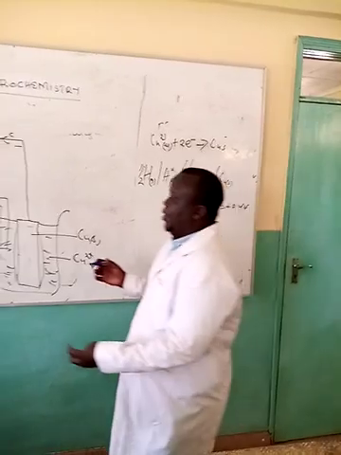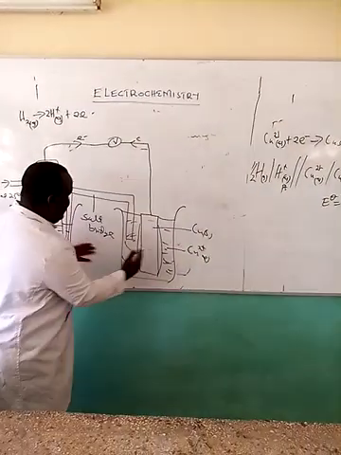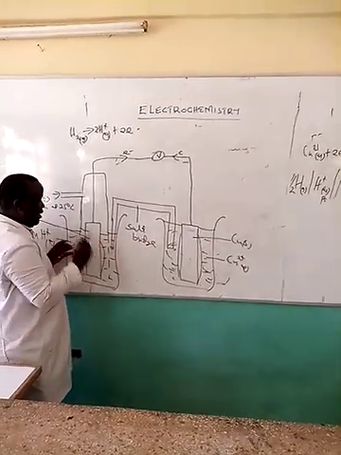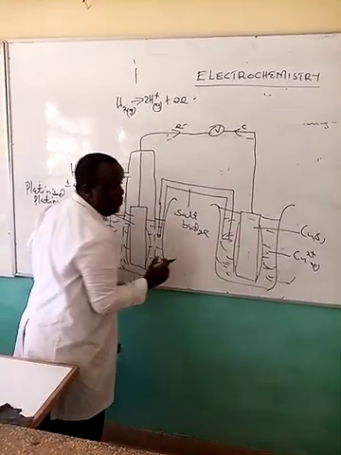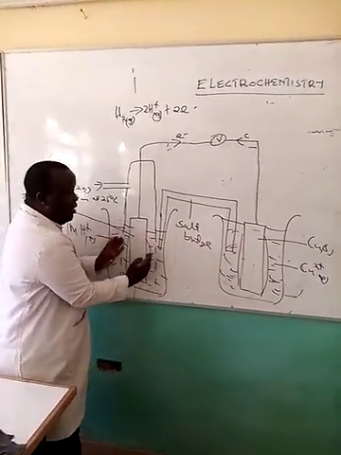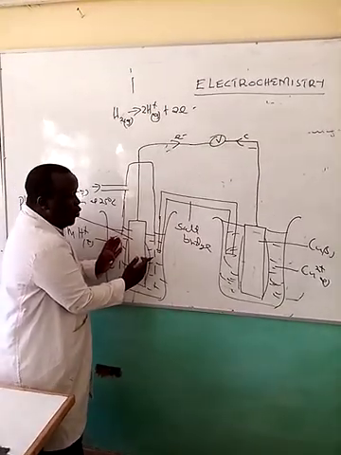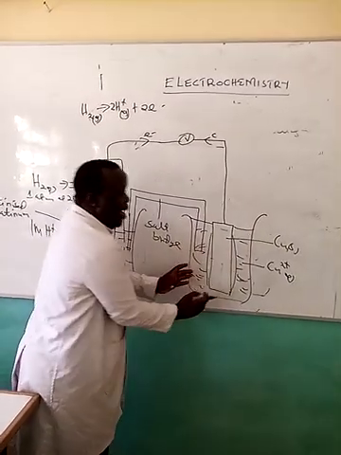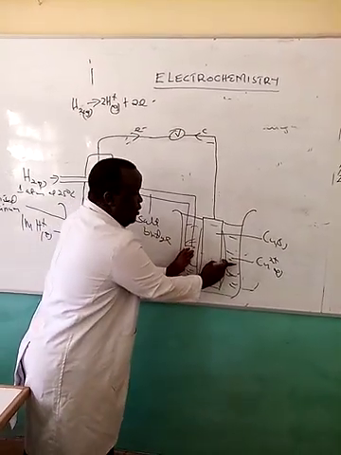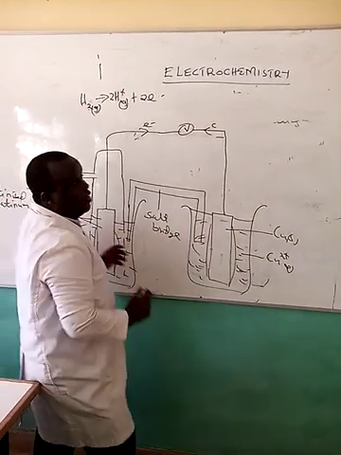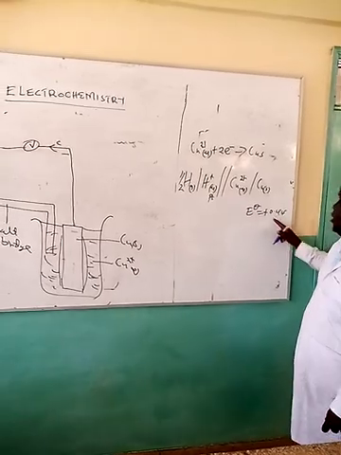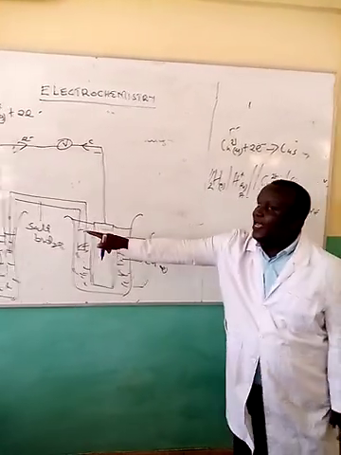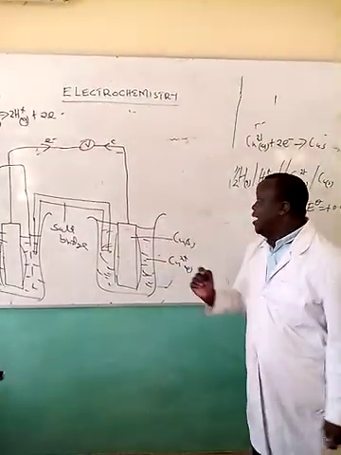The reason being, when it is placed this way, the hydrogen half cell has more electrons comparatively to copper, and therefore the hydrogen half cell is more negative compared to copper, and therefore copper is positive with respect to hydrogen. That's why it is assigned a positive value, because the hydrogen half cell has been used as a reference half cell.